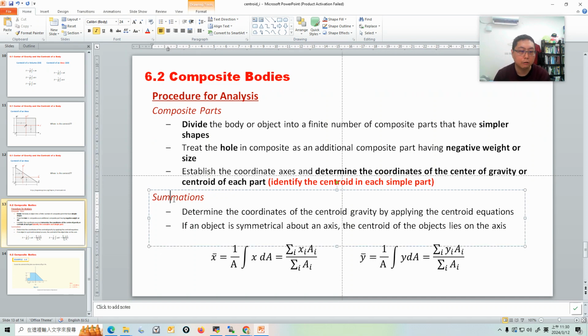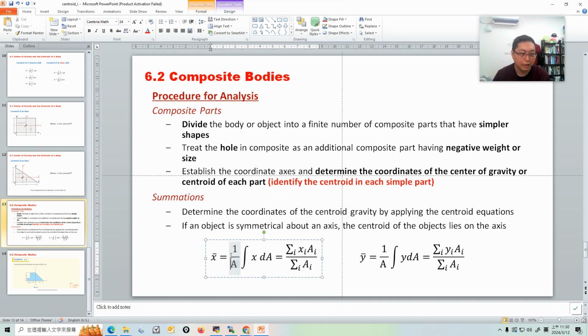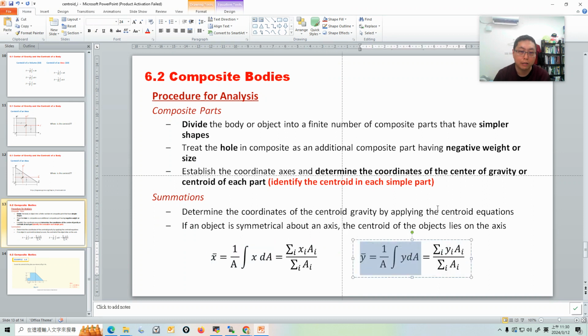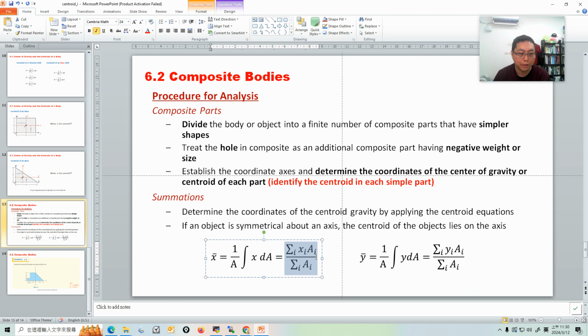And for the summation, the textbook says to use the centroid equation. The centroid equation is this integration, but in practice, we will go back to the summation format.